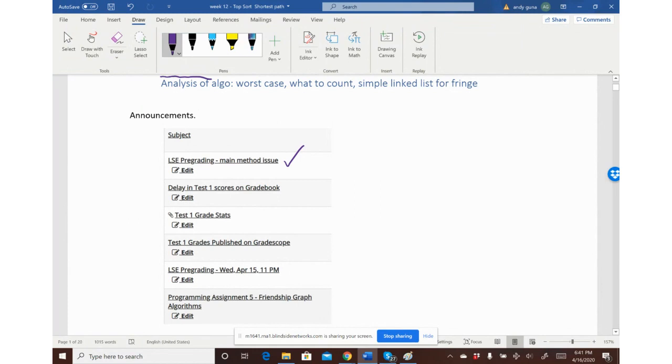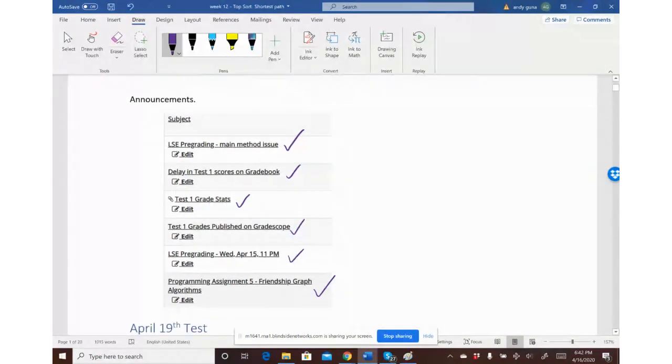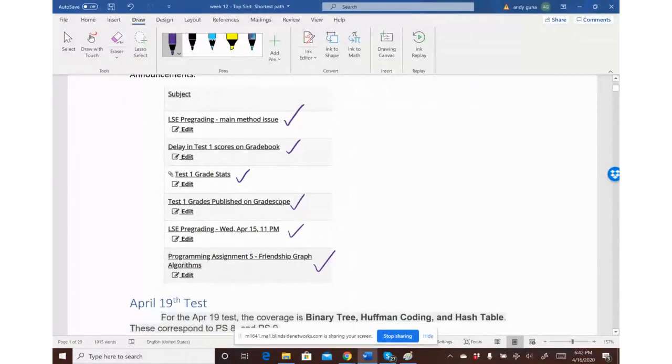Also there's an announcement on delay 1 and test 1 grading, test 1 grade stats, and test 1 grades published on GradeScore, and LSC pre-grading that came on April 15th, and also now the programming assignment on the friendship graph algorithms. You should read those announcements to keep track of what's going on in the course, because we are all online now. It becomes even more important for you to keep up with it.